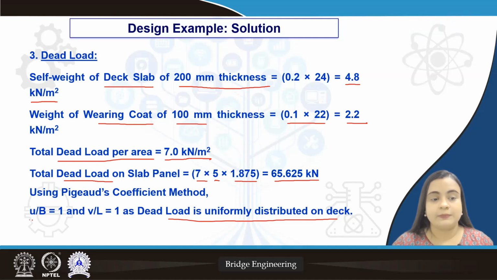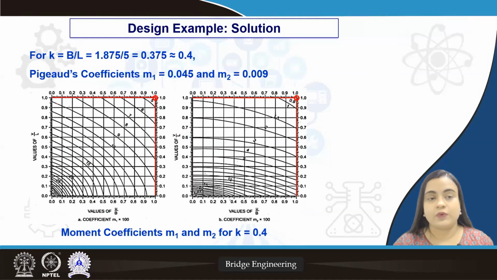So u by B will be equal to 1 and v by L will be equal to 1 as well. Next we are required to calculate k. k is taken to be the ratio of B by L, and B by L is equal to 1.875 divided by 5. That turns out to be 0.375, and that is approximated to be 0.4.